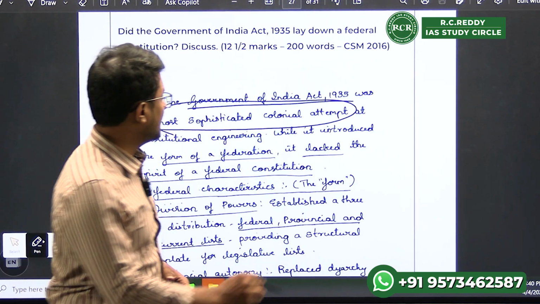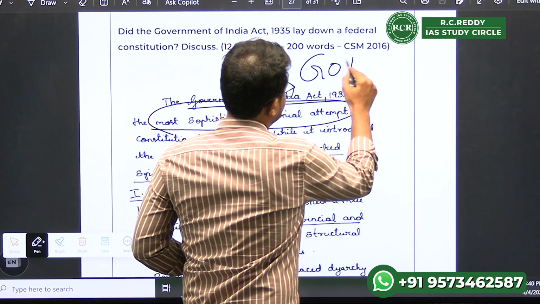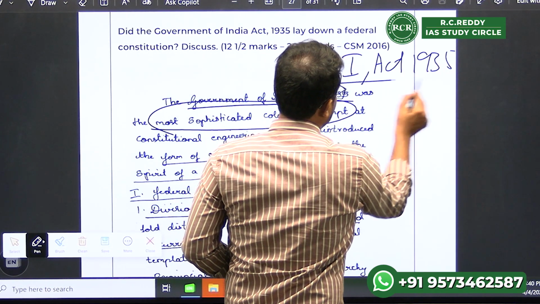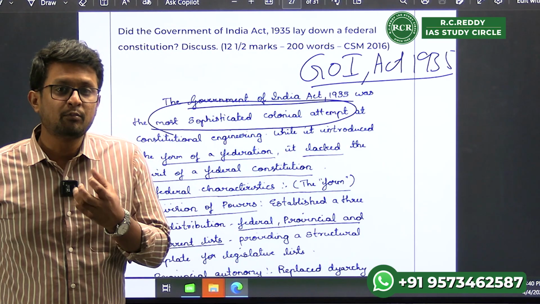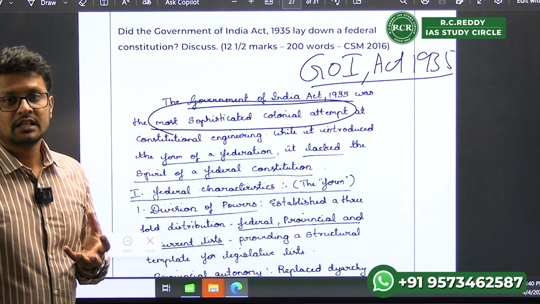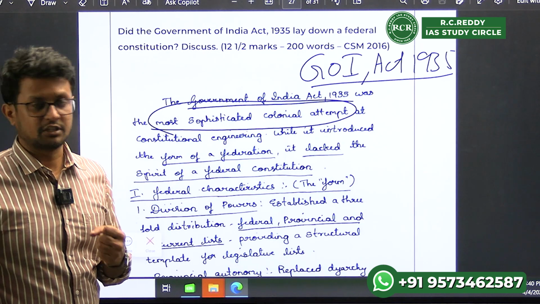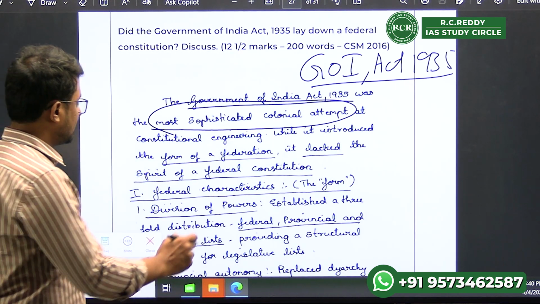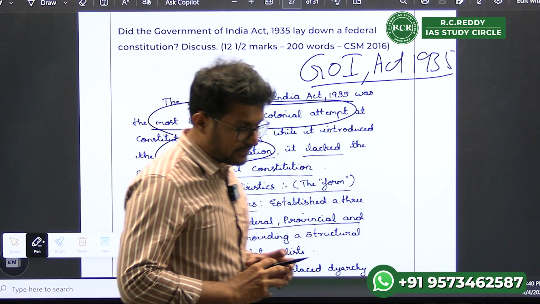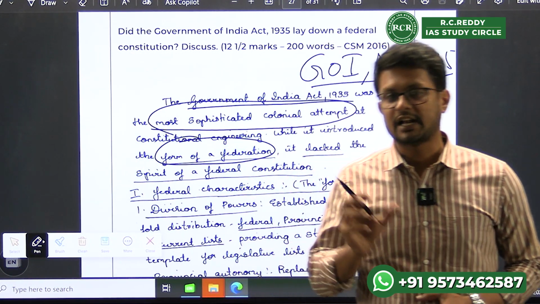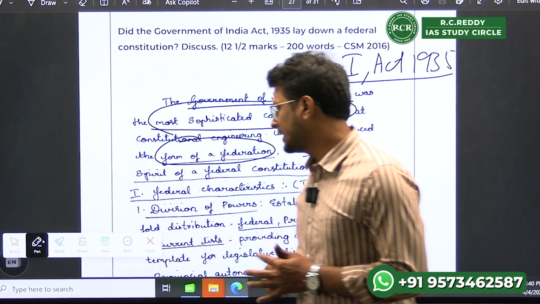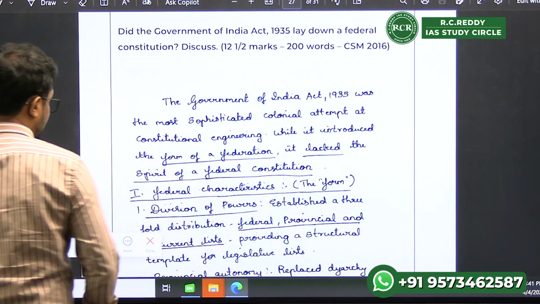So you must have read in your fundamentals of polity also that the Government of India Act 1935 is like a backbone to the Constitution of India. It provides a structural framework for the Constitution of India. So in this act we can say that the form, the structure of federation has been present, but the spirit of federation is lacking. Why is it so? We will see in the next half of the question.